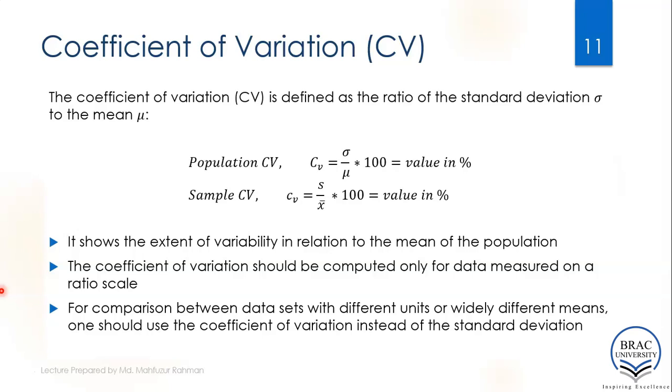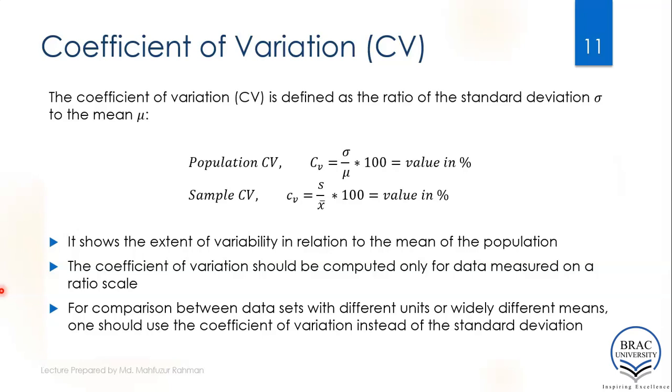Although the variance and the standard deviation are useful measures of variation of the values of a single variable for a single population, sometimes we need to compare the variation of two variables. Yes, we can compare the variation with the standard deviation, but to get the relative variation, we can use the coefficient of variation.